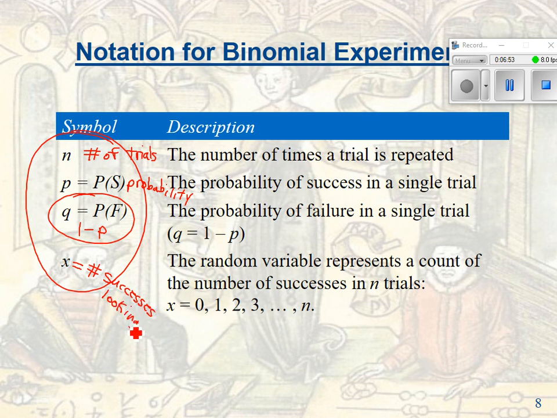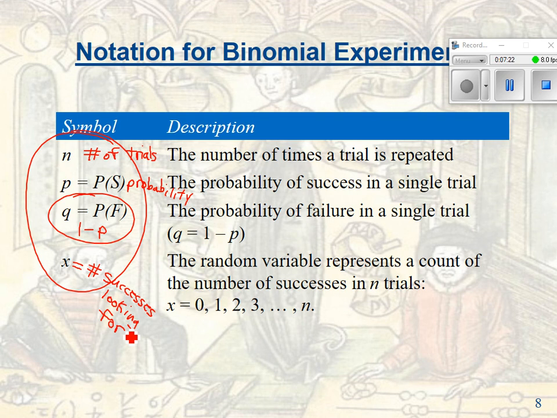So maybe you're looking at 3 successes out of the 100, or 5 successes out of the 100, or whatever. But those are the 4 things, N, P, Q, and X, that you got to find. They're not real difficult, but you have to find them for each binomial. So every time you start one of these binomial problems, those are the 4 things you look for.